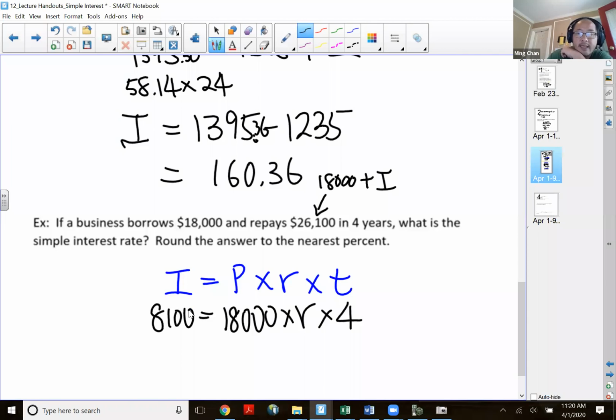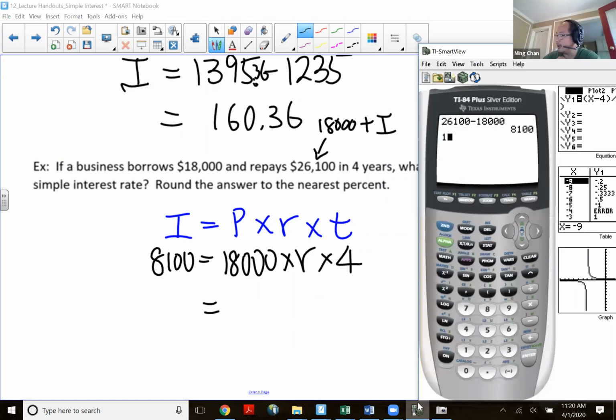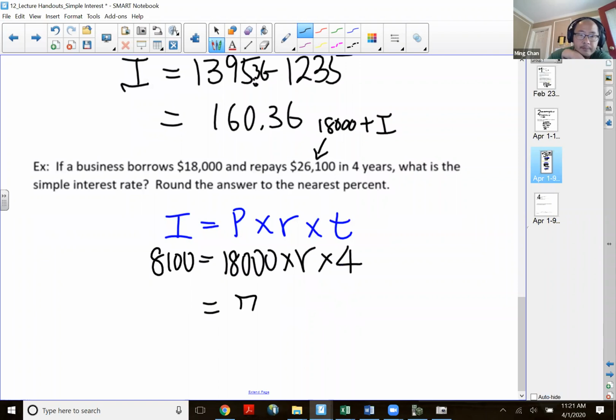All right, so now I can find my rate. So 18,000 times R times 4 is 72,000 R. Set it equal to 8,100.